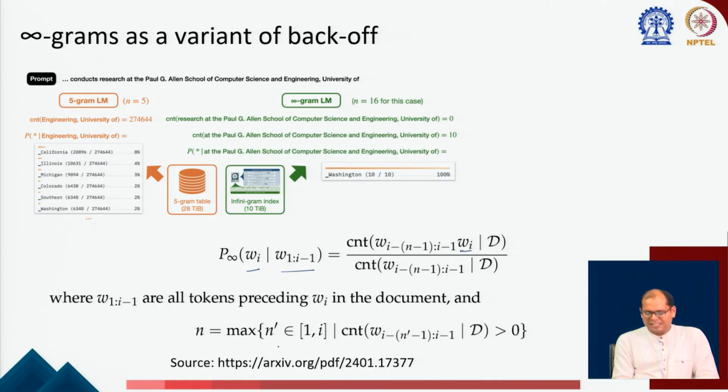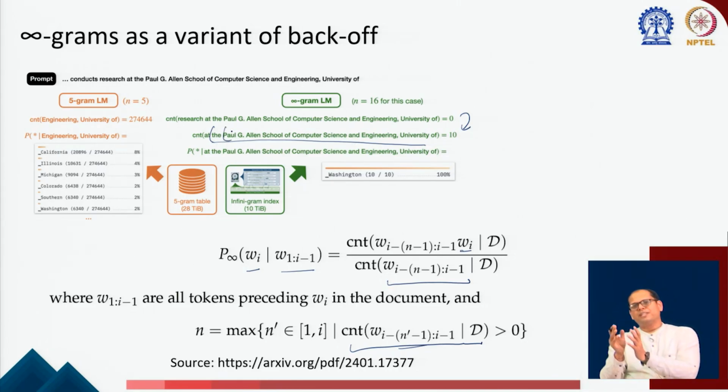So, you find the maximum n prime such that this count becomes greater than 0. Okay. So, that is why you backed off to the point where the count became greater than 0. If it was 0 here, I would have gone to Paul, and so on, until I find a point where the count is greater than 0, and then I use it to compute the probability of the actual phrase followed by Washington or any word. So, this is a very interesting idea, and they use an interesting data structure, suffix arrays, for computing this.